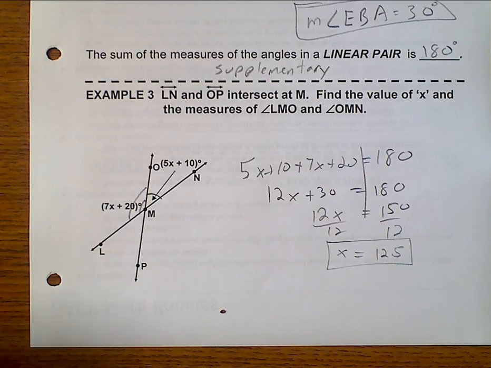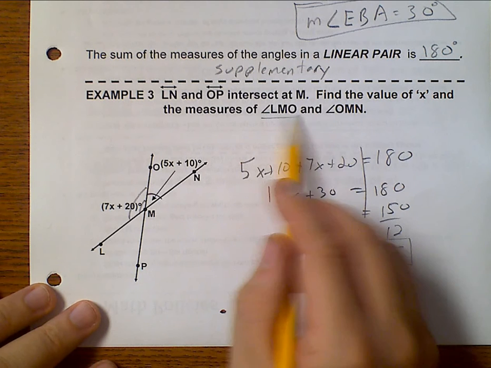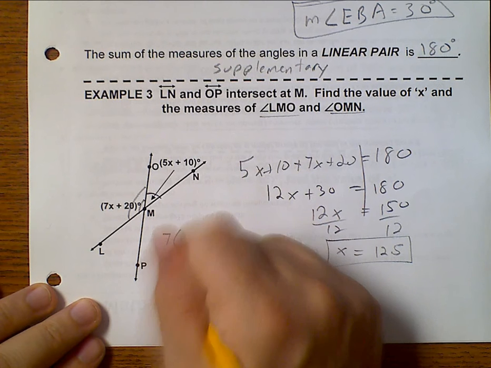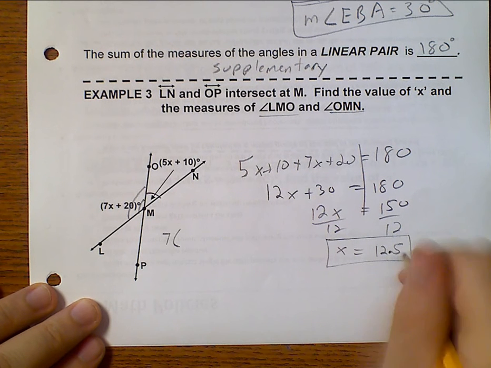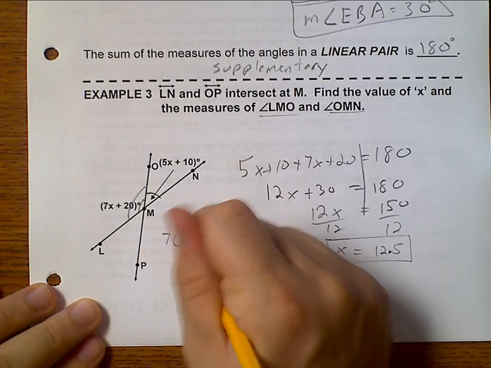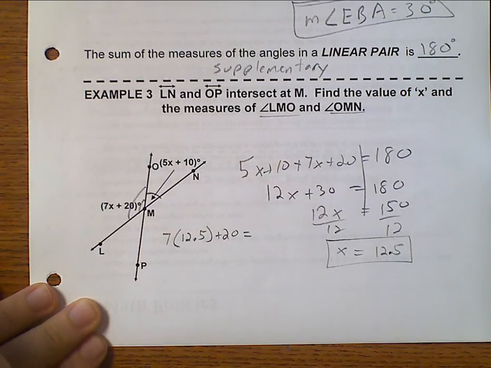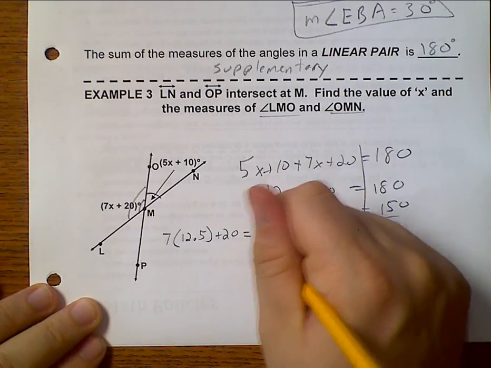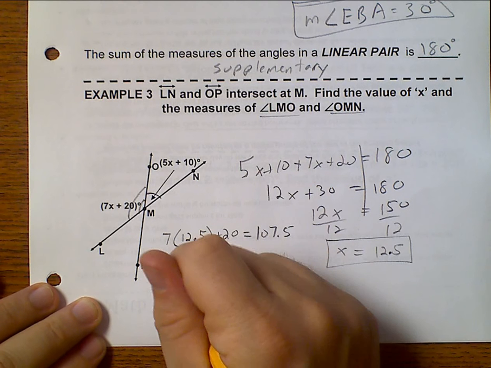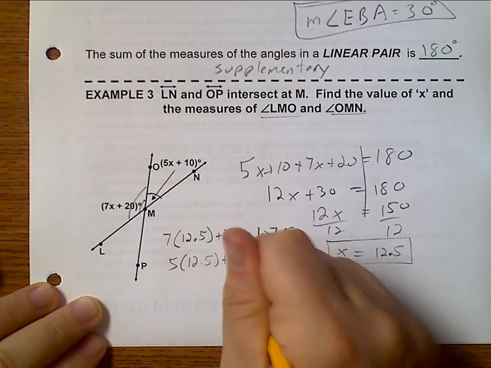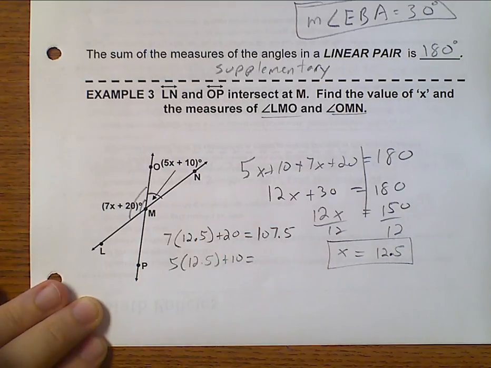Well, now we just plug those in because we want to know these two angles. Well, LMO would be 7 times 12.5 plus 20, which is 107.5. And 5 times 12.5 plus 10, which is 72.5.